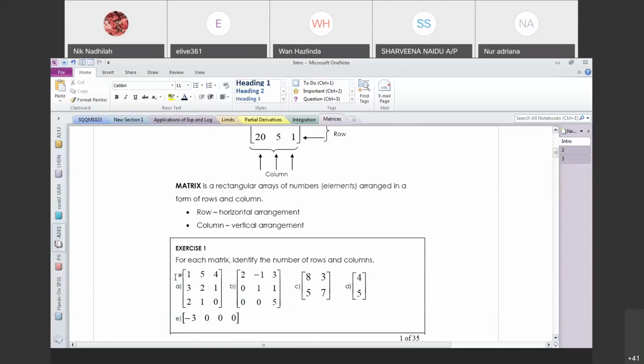D, we have 2 rows and 1 column. And finally, in E, we have 1 row, 4 columns.